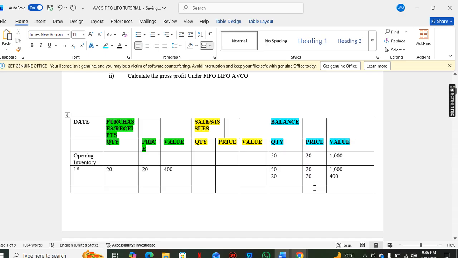Every time there is a purchase, you're going to do this. You put the inventory in different batches, so that you should be able to tell which is the oldest stock, which is the newest stock. So these 50 units, this is the old stock. These 20 units, this is the new stock. Any questions before I move further?